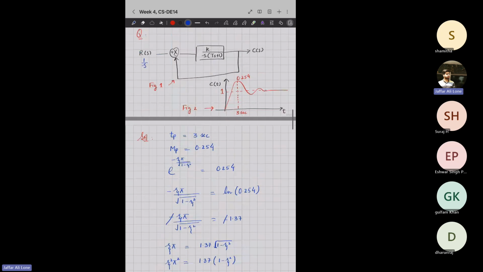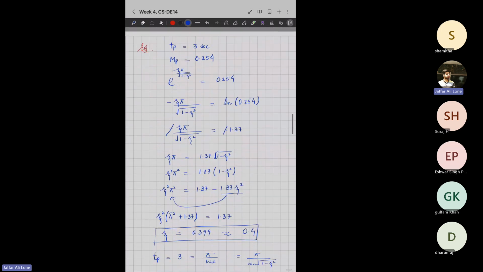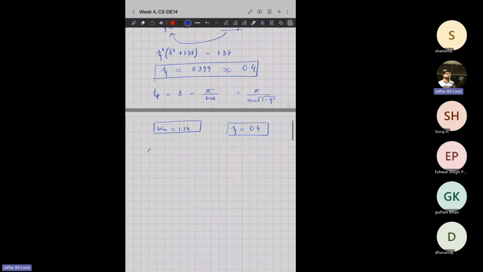Now you see here, let's write the closed loop transfer function. So here H(s) is 1. So my closed loop transfer function, which is C(s) over R(s), I'm directly writing, it will be K over T S square plus S plus K. Now tell me, is it in the standard form?